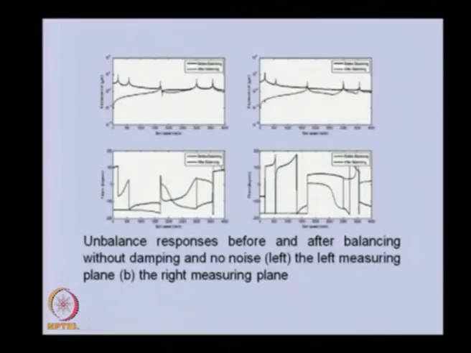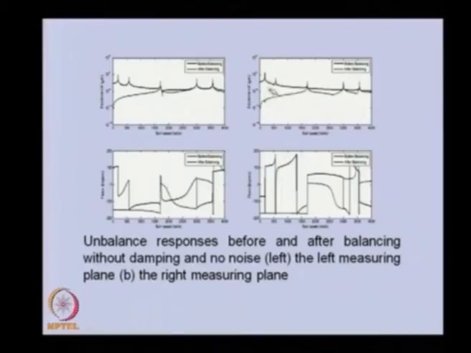This is an important plot for comparison. You can see we focused on balancing the two modes, and in the distributed case the third mode and higher modes are not getting balanced, only the first and second modes are getting balanced. So, this is with unbalance, this is without balancing and this is with balancing.